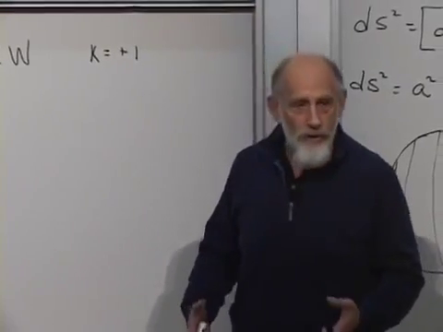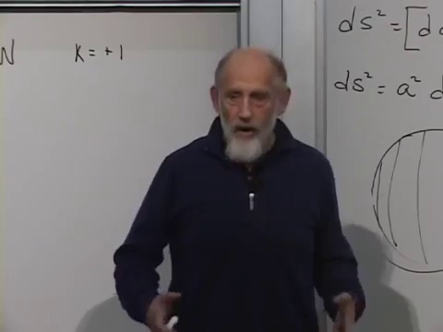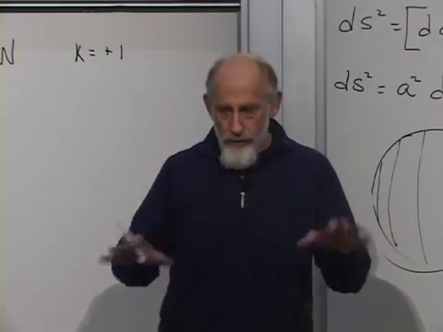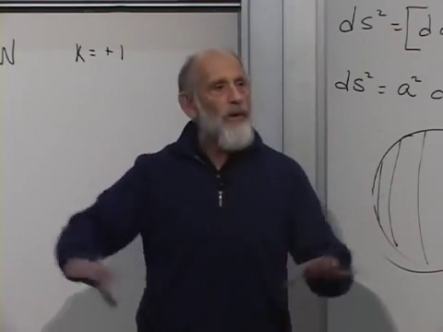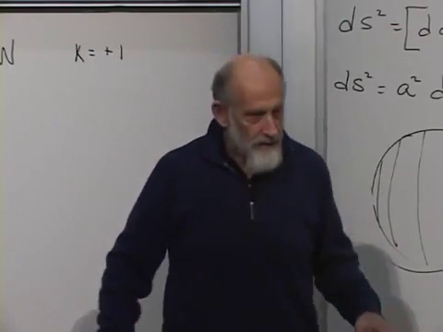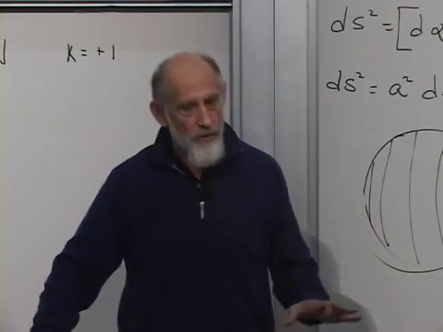There are various ways to do that. There's Mercator projections and other kinds of projections that project the sphere onto the plane. They always distort sizes. You can't stretch the sphere out onto a plane without distorting it.